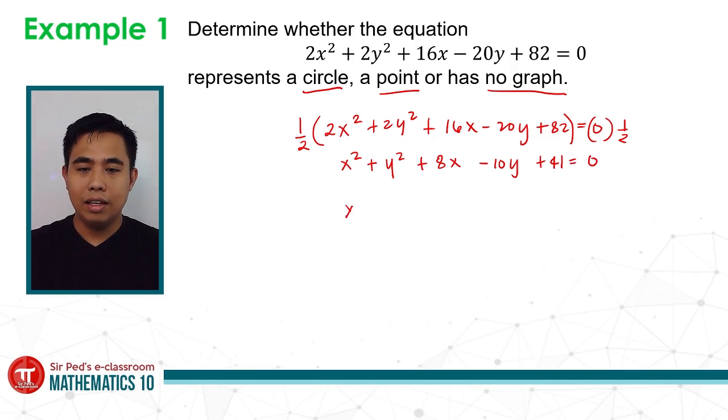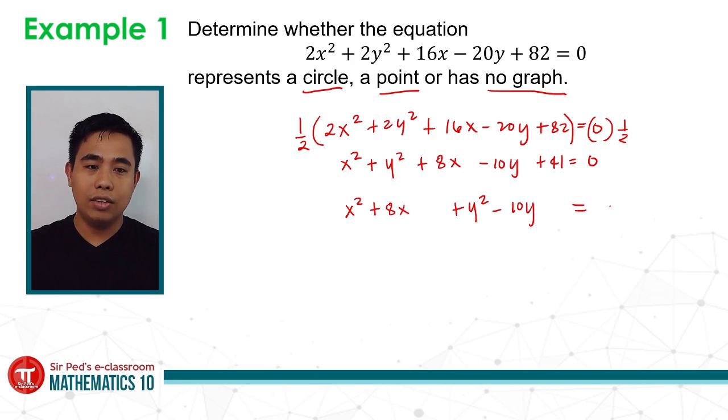After that, let us recall, we group the terms containing the variable x. So we have x squared plus 8x plus y squared minus 10y equals, we place the constant on the right side of the equation, so we have negative 41.